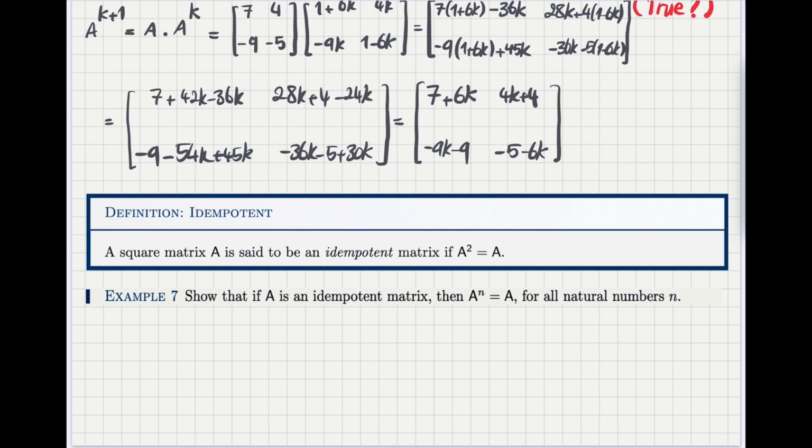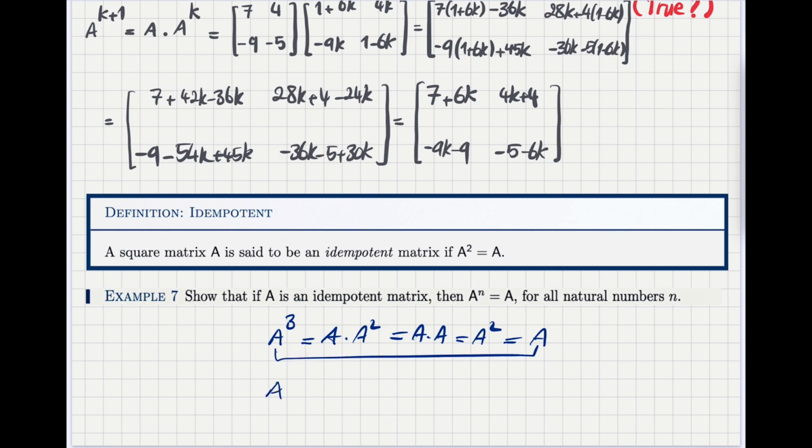Let me write it, and then I will clean this part, because this is not the real solution. If I ask you what is A to the 3, you would say A to the 3 is A times A squared. But now you are telling me that A squared is equal to A, so it becomes A times A, but then it becomes A squared, but again A squared is A. So you see that the third power is equal to itself.